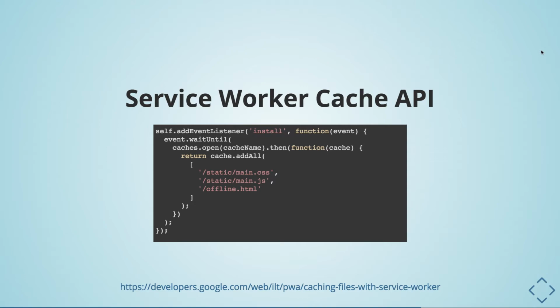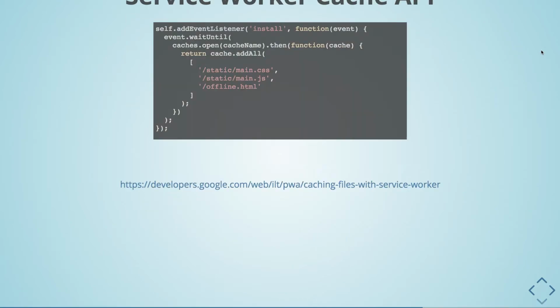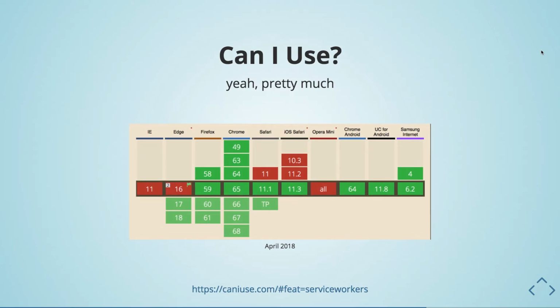This is from Google, but this is the gist. You can tell it, hey, cache these locally. This will work even when they're no longer connected to the internet. Can you use it? Yeah, pretty much. If you're starting something brand new right now, by the time that ships, we're probably good. We don't care about the other things.